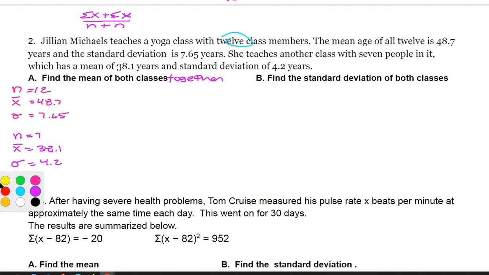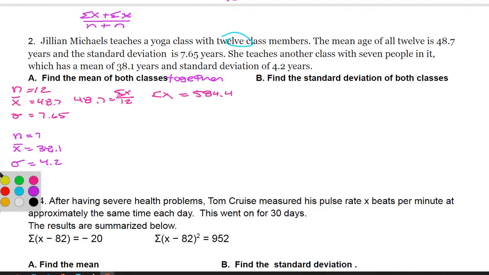And the first thing I'm going to do is go here, and I'm going to do the mean, which is 48.7 is equal to the sum of the x's, whoops, that was terrible, divided by 12. And so that means that the sum of the x's is going to equal 584.4. Because all I'm going to do is multiply both sides by 12.